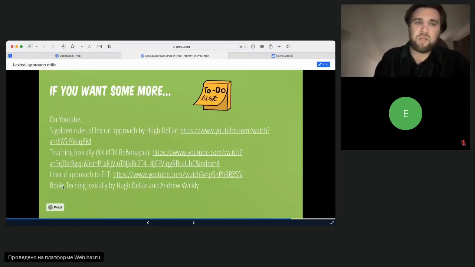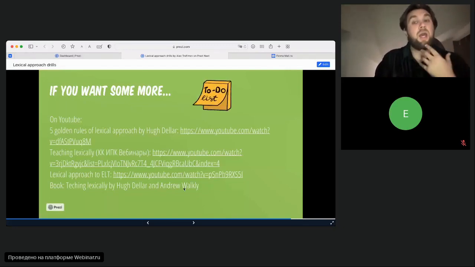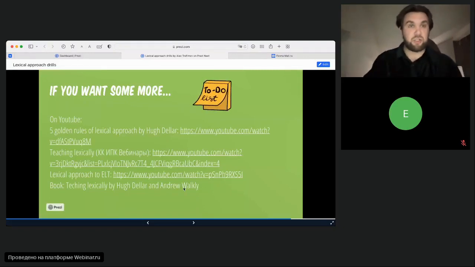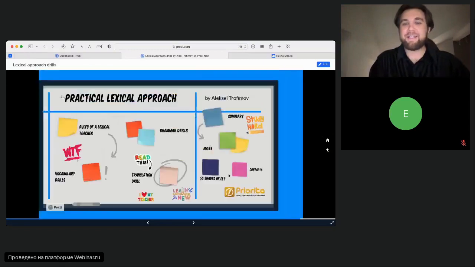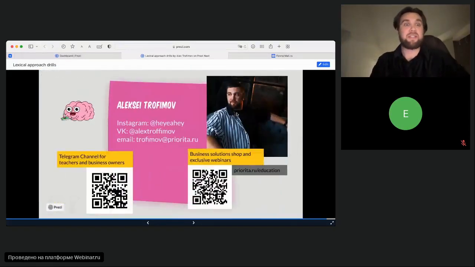And of course, the book, if you haven't read it yet: Teaching Lexically by Hugh Dellar and Andrew Walkley. This is a book that changed my life some years ago, and at least it changed my classes. It changed the classes in my school, and it gave me a chance to be a speaker on the lexical approach many times, right?